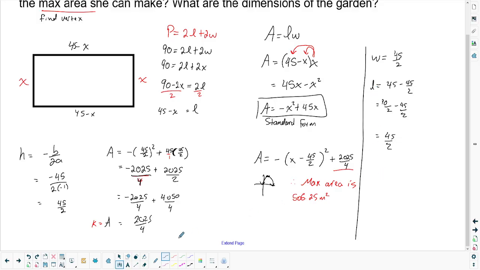And then we can say, therefore, the dimensions are, now this is where you can switch it. Okay, what's 45 divided by 2? It's 20 and a bit, 22 and a half. 22.5 by 22.5 meters.